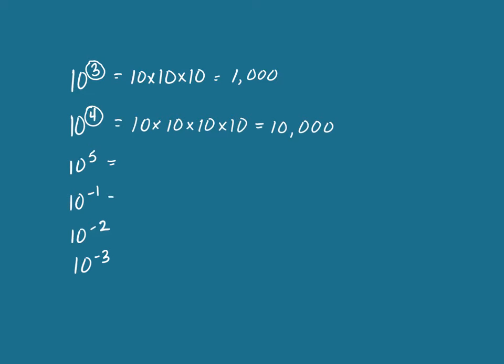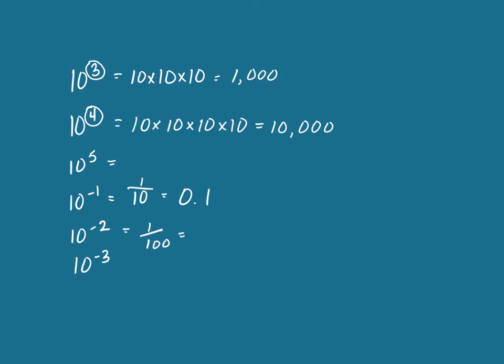But for the other ones where it's 10 to the negative first power, that's multiplying by a negative power of 10 or a fraction of 10. That's 1/10. 10 to the negative first power is 1/10, or 0.1. 10 to the negative second power is multiplying something by 1/100th.